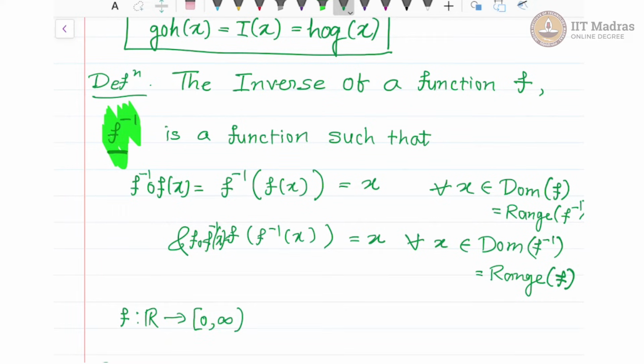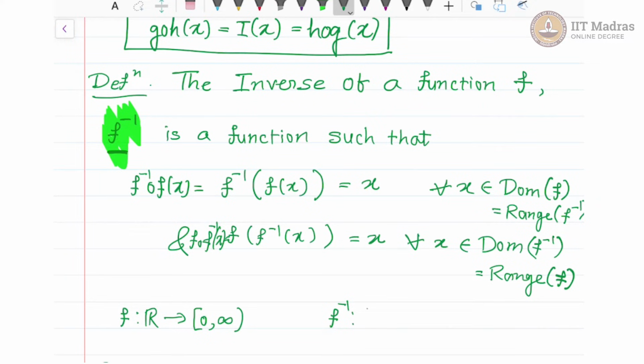Then you need to worry about the domain and the range of a function, because here the domain of f is R and the range of f is 0 infinity. So if I talk about f inverse, naturally I cannot go over the entire real line.